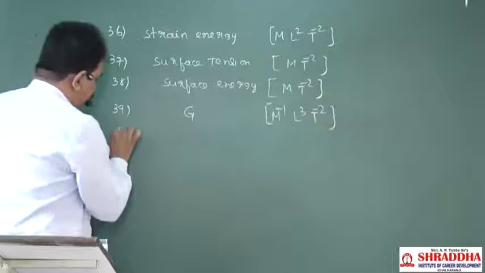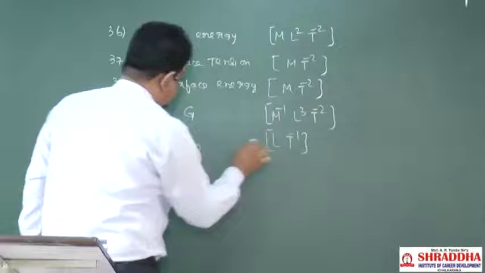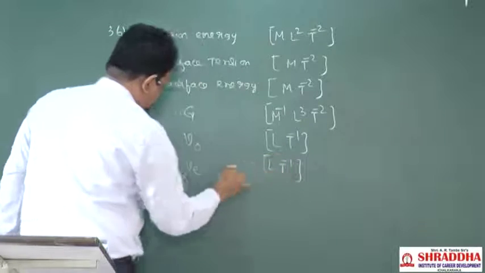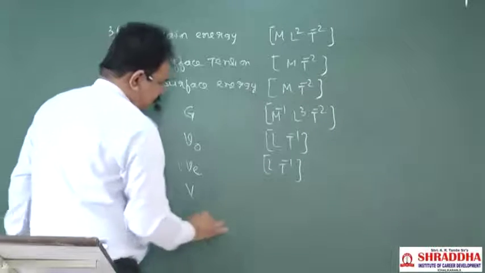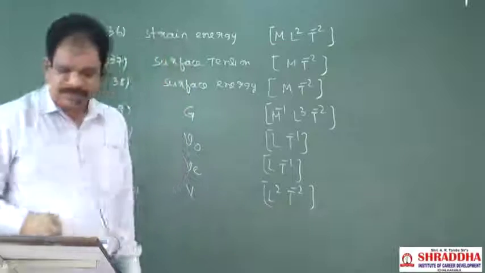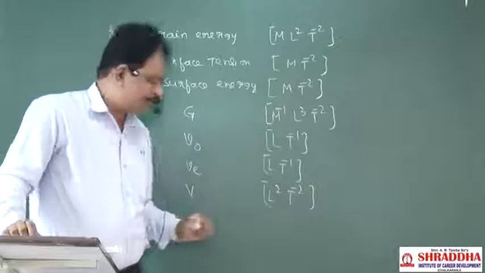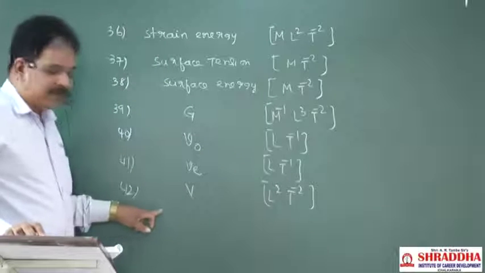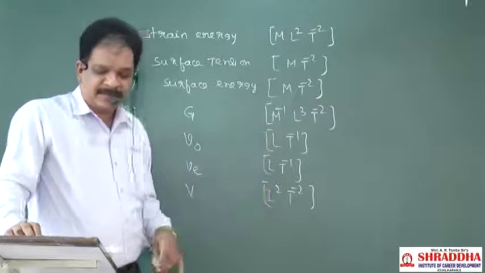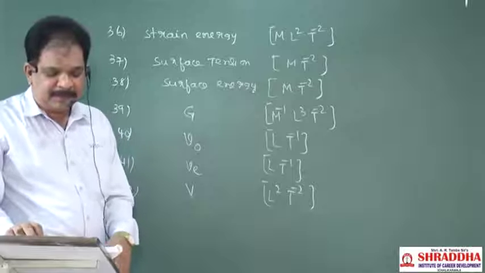Next, orbital velocity L T power minus 1. Escape velocity L T power minus 1. Gravitational potential L square T power minus 2. Next, frequency T power minus 1. After frequency, linear mass density M L power minus 1. Planck's constant M L square T power minus 1.